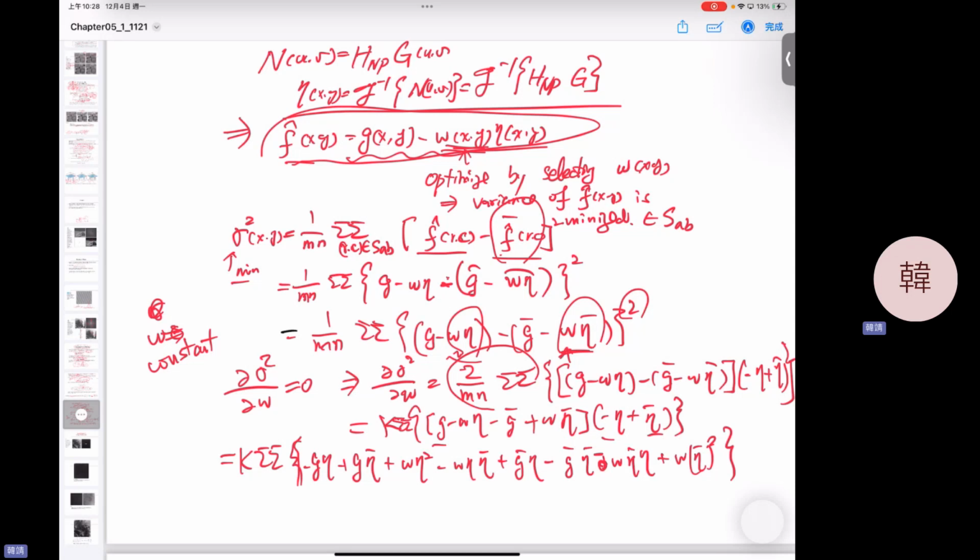Why can we cancel out? Because in all this process, there's an average operation in front of each item. So please take the bar inside. If there's no bar, you take the average, it's a constant already. Take the average again, it also remains the same. But if you don't have the average operation before, you have to add 1 bar there. So what's the result here?